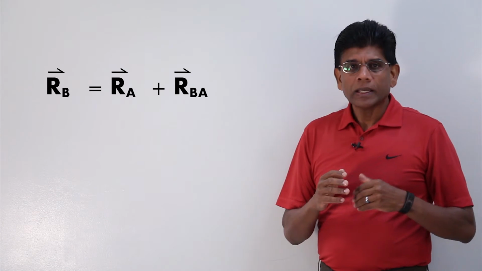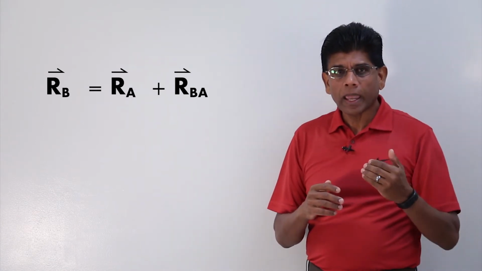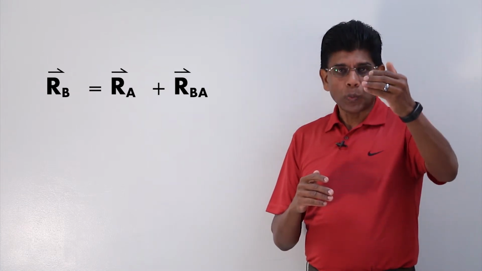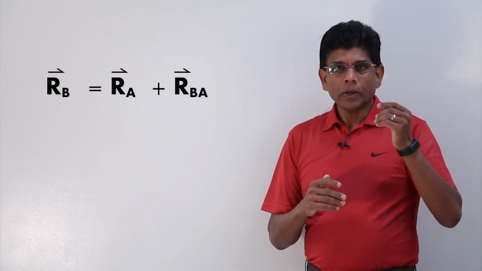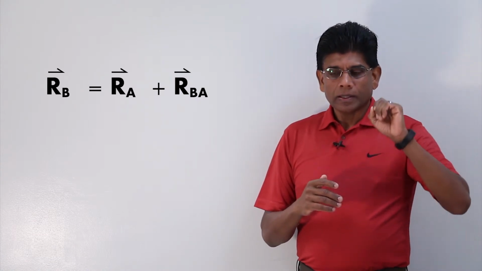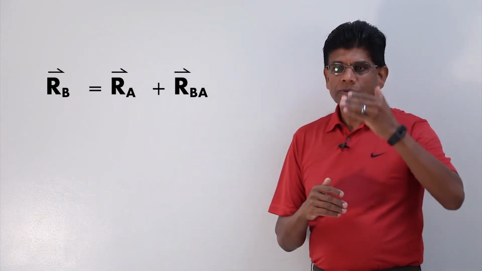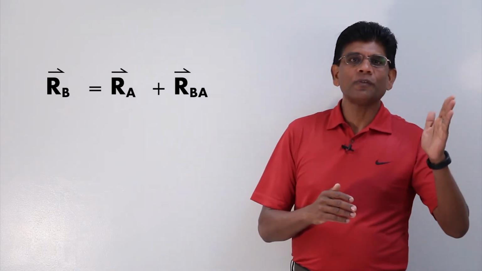As you can see, now the new equation is r sub b is equal to r sub a plus r sub b with respect to a. Notice there is no 0 in this. r sub b means it's the absolute position of train B with respect to a fixed frame.